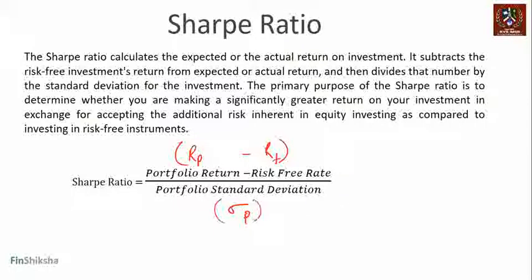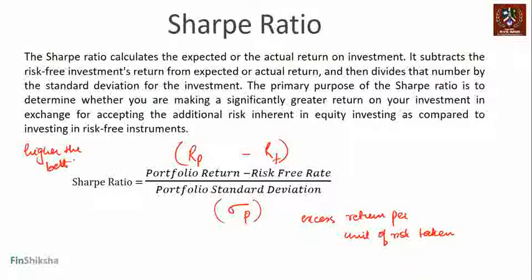So the standard deviation of the portfolio is the risk you have taken to generate this excess return. What you are trying to find out is the excess return you have generated per unit of risk taken, and obviously, higher is better.